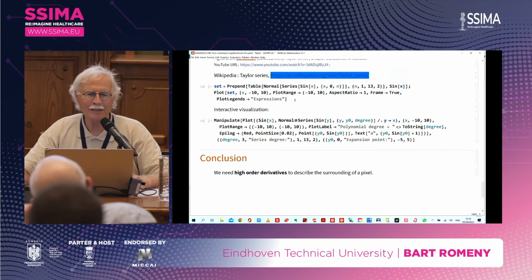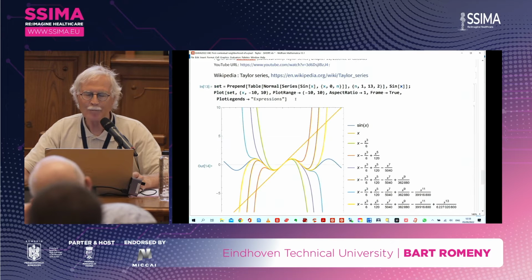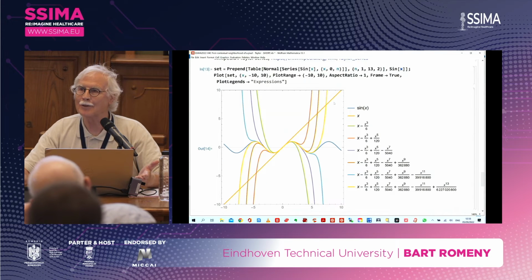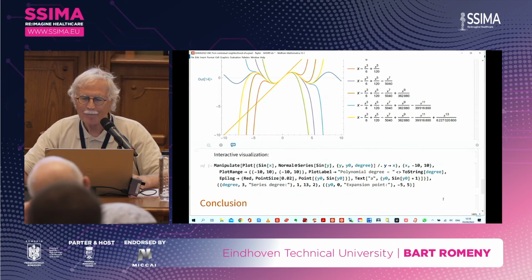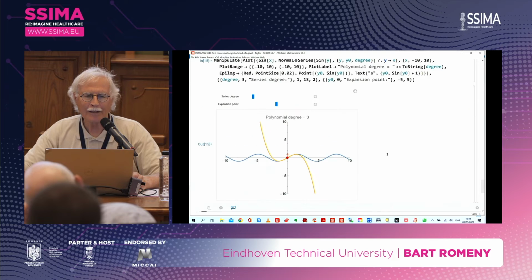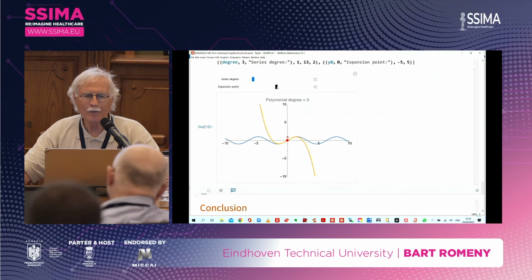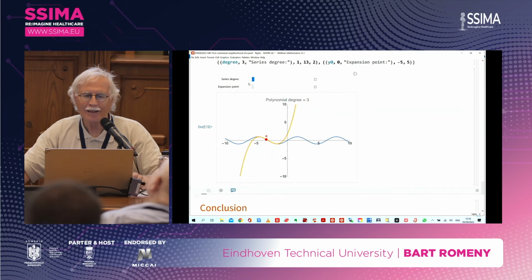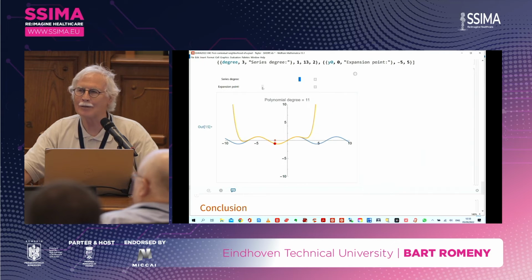If you do this in Mathematica within one line, you have exactly the same function, and it automatically changes. But with Manipulate, you can make it even easier, and you say, okay, let's move this point and see exactly how well I can describe what is next door. And you can make higher order derivatives. Okay, this is more for the mathematical people.